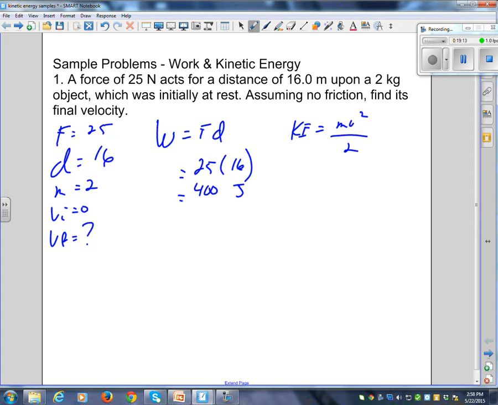K equals mv squared over 2, so 400, my mass is 2, times v squared over 2. Well, that's convenient because the 2 and the 2 cancel, and so v is simply the square root of 400, which of course is 20.